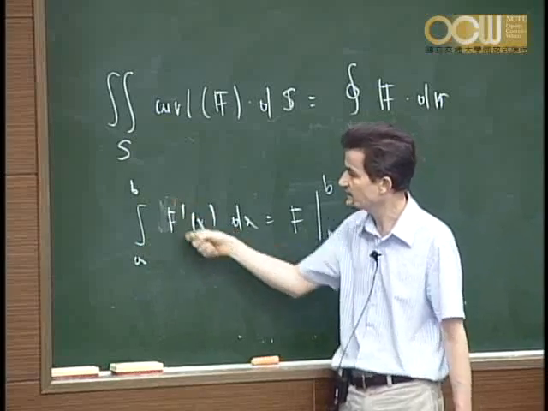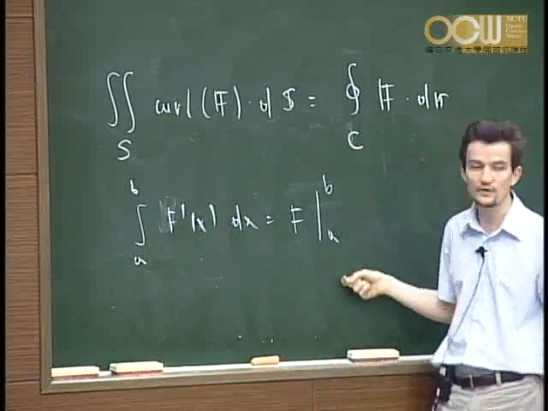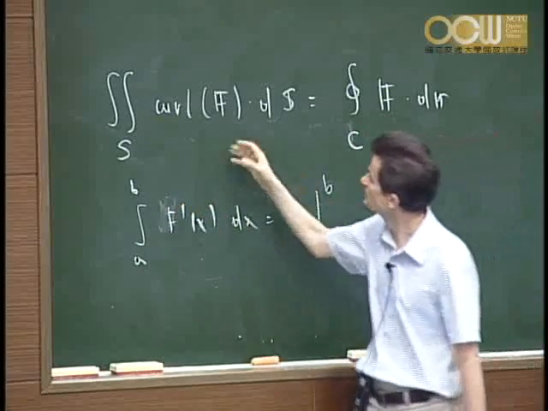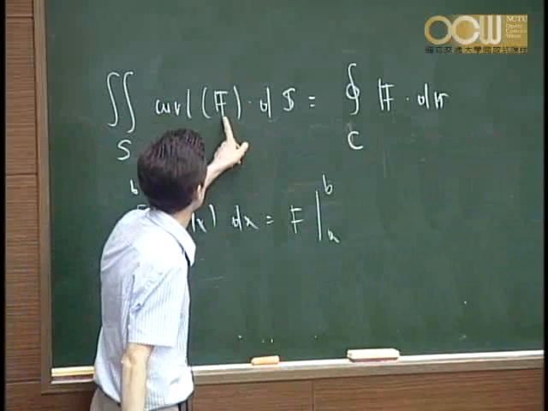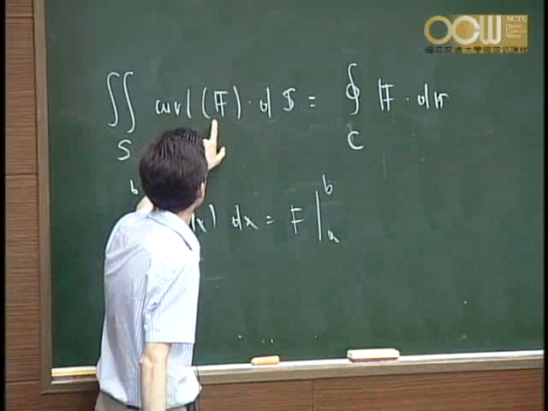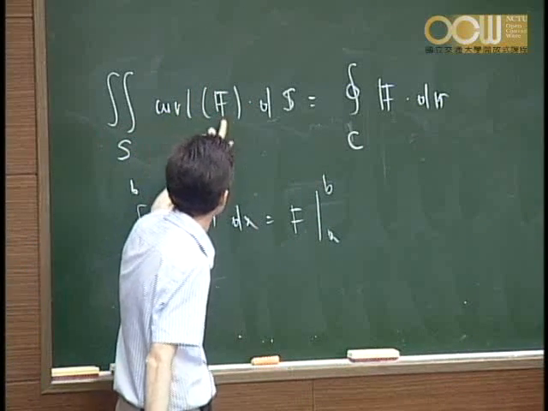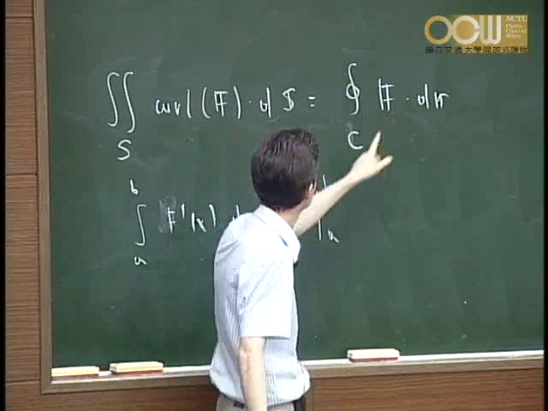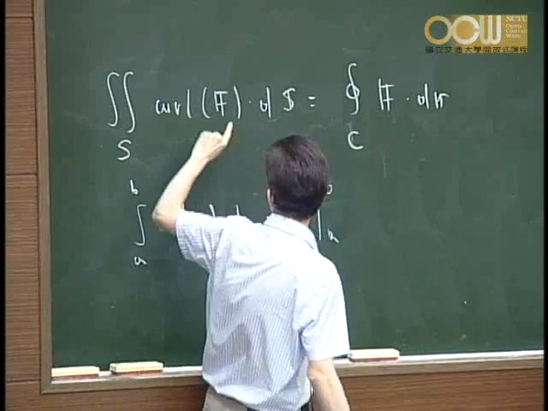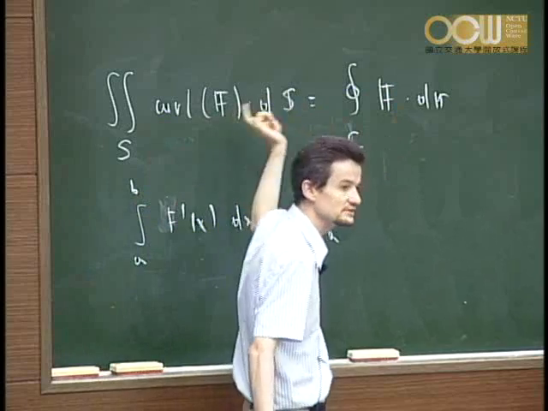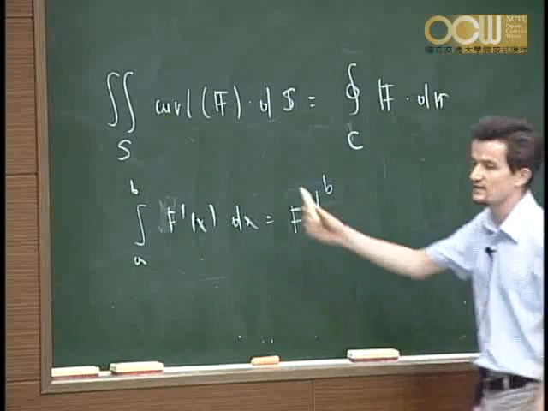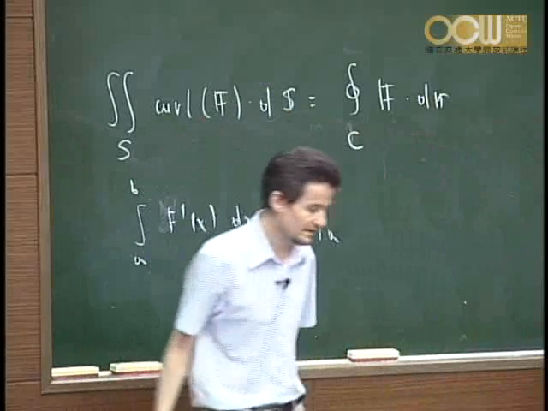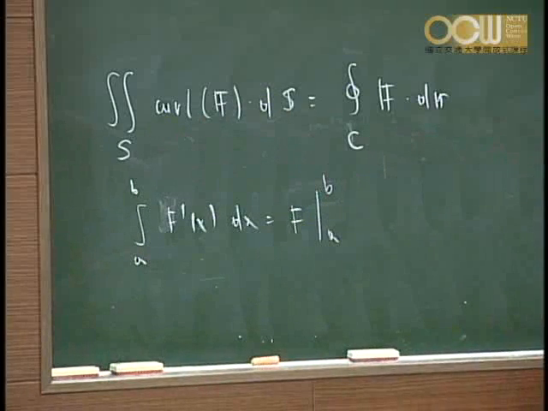What you do is you take the antiderivative of this function and evaluate it at the boundary. And the same here. The curl is a kind of derivative of the vector field, and the way you can compute its integral is you find the antiderivative, which is F itself, and just the behavior of the antiderivative at the boundary is important to evaluate the surface integral. So this would be a kind of analog of the fundamental theorem of calculus for surface integrals.